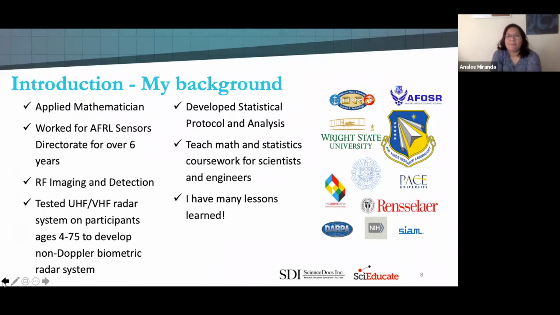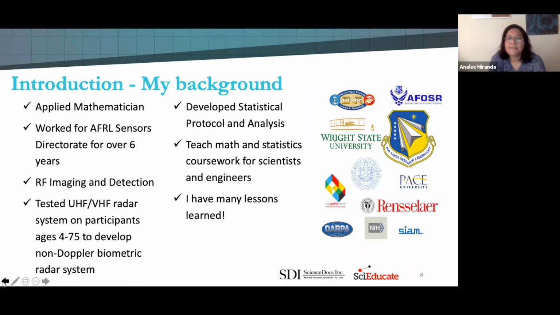So a little bit about my background. I've been an applied mathematician for over 15 years, but I truly got to learn about statistical methods while I worked for the Air Force Research Lab in the Sensors Directorate, where I worked for over 6 years in the RF Imaging and Detection division.